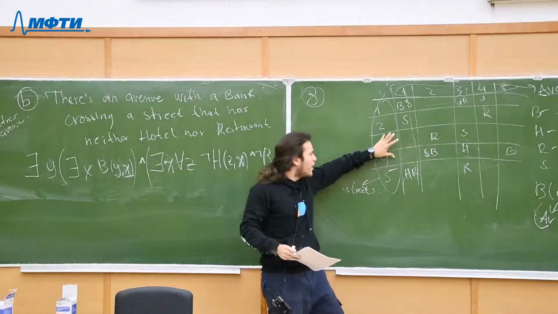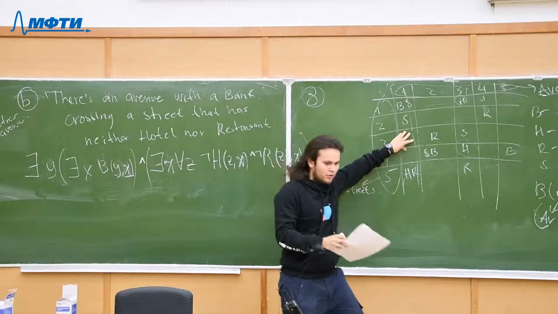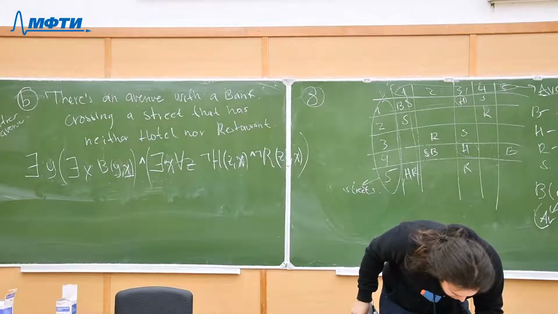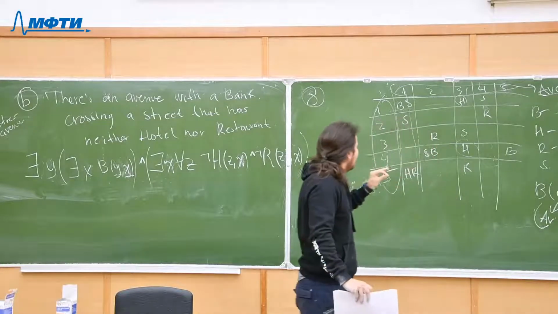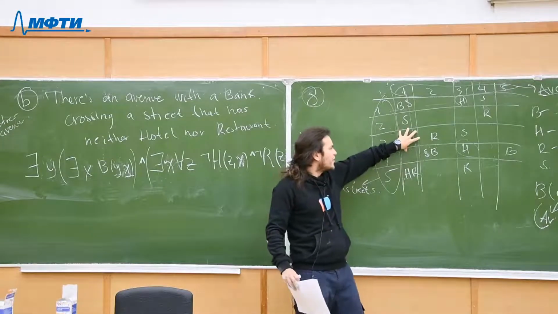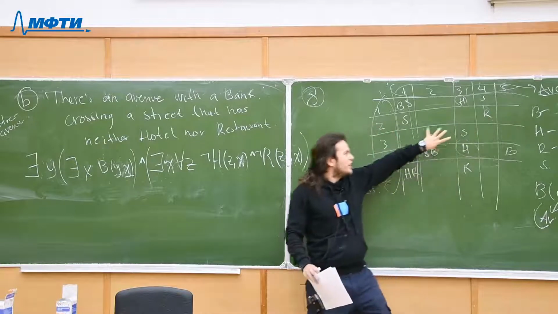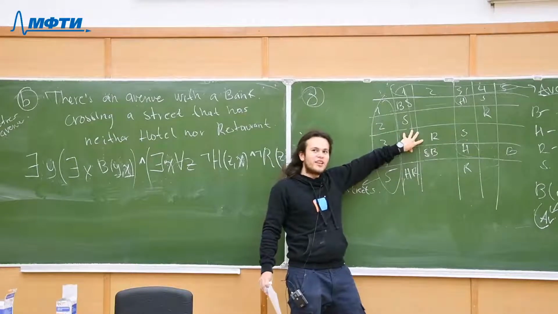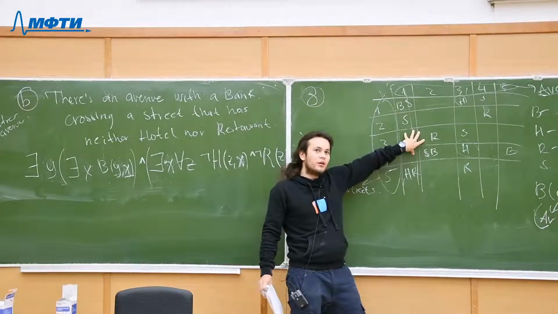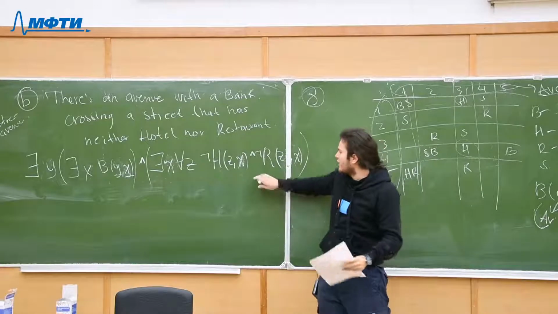And then we fix that street, and we look at all the avenues in this street, and we say that in this street there is no hotel or restaurant, right? Okay, yeah, I think it's correct.